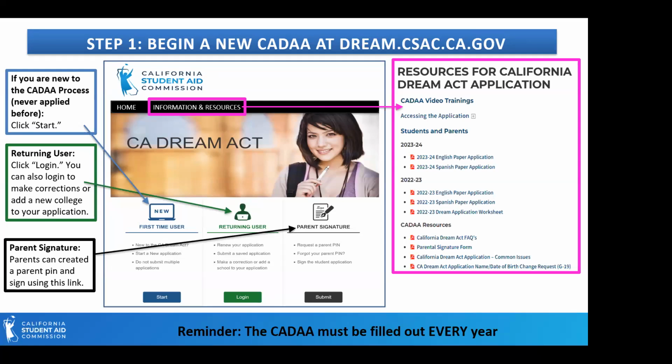This is where parents of dependent students can create the parent PIN, which is, in essence, the electronic signature required to fully process your applications. And as you can see on the top where it says information and resources, this is where you will be able to get our training videos and the PDF versions of the application, also our other resources.